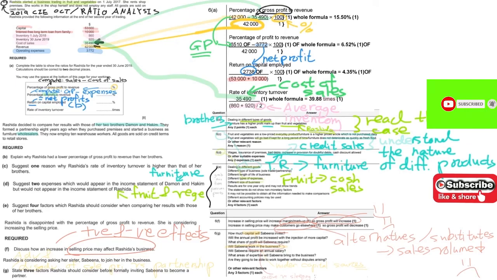For a sleeping partner, they are not involved in the daily operation of the business. Next, of course, is about expenses, or expertise. All of these are about the comparison between sole proprietorship and partnership.